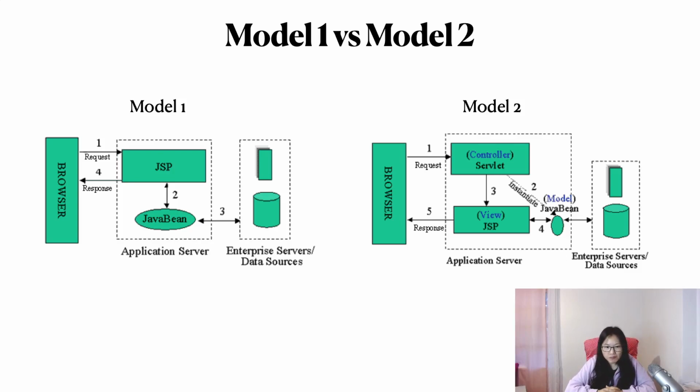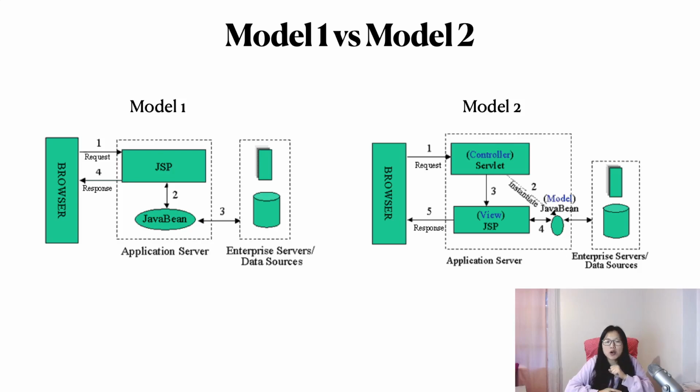So after that, JSP comes out. A JSP can have two types of elements inside. The first one is HTML. All the things you can put in HTML, you can put in JSP.